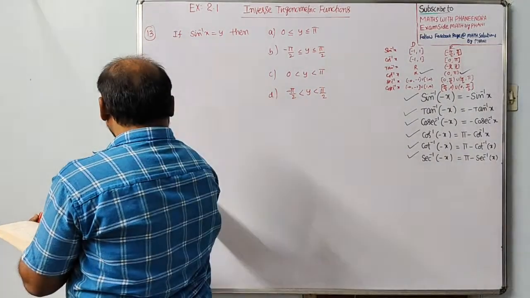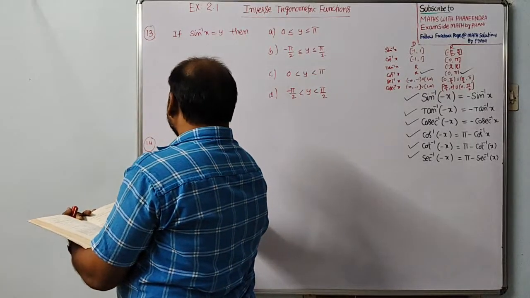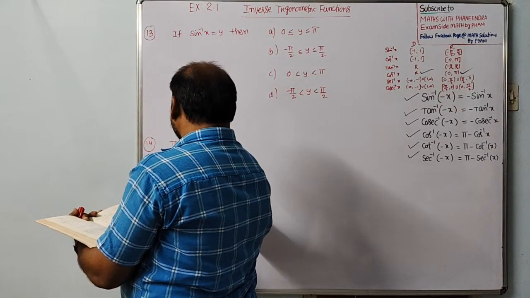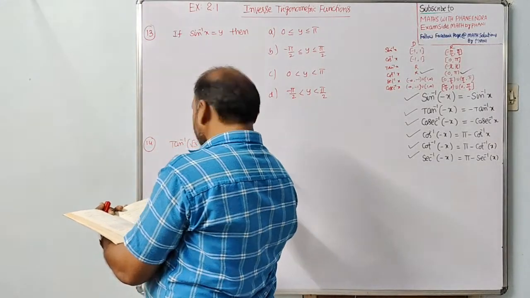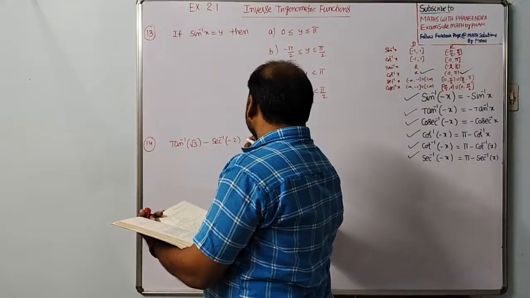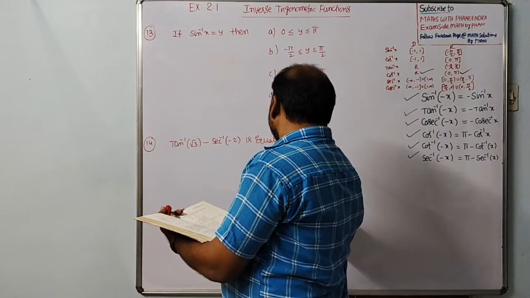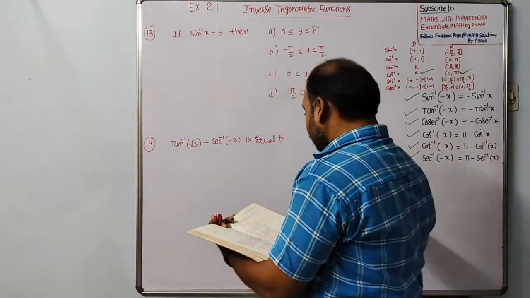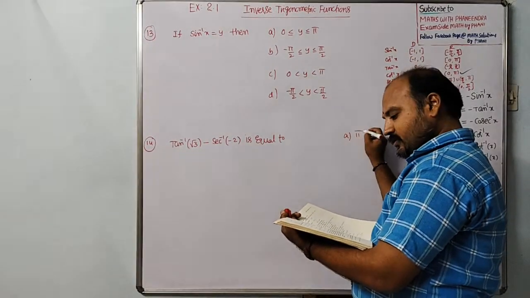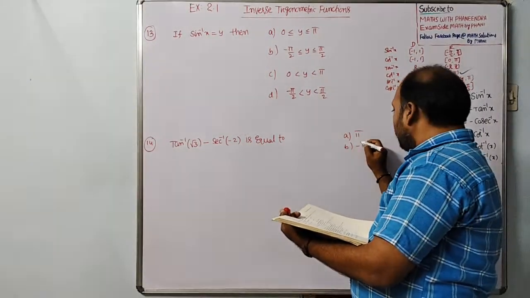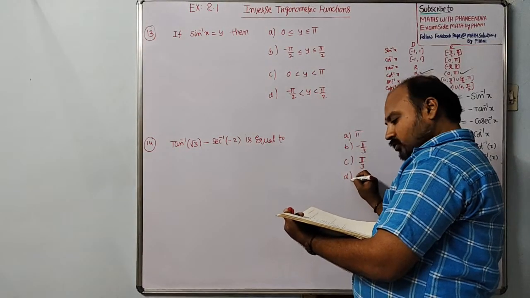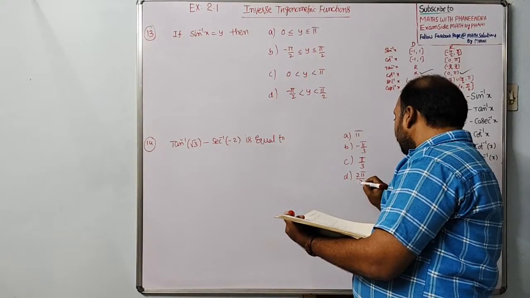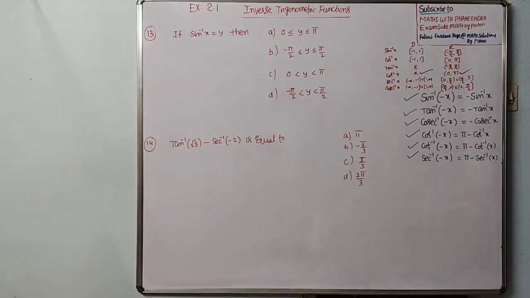Question number 14. Tan inverse of root 3 minus secant inverse of minus 2 is equal to: first option pi, second option minus pi by 3, third option plus pi by 3, fourth option 2 pi by 3. These are the options, dear students.